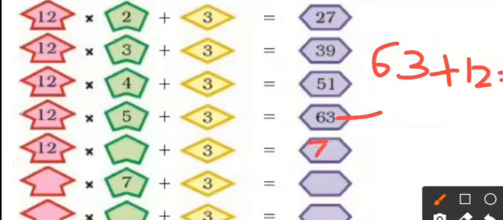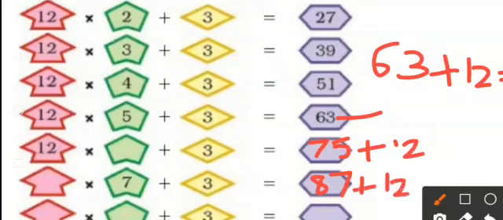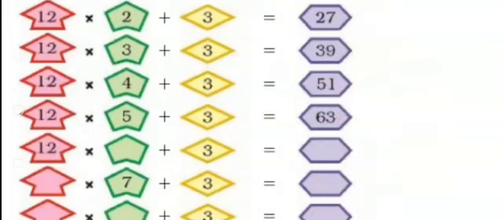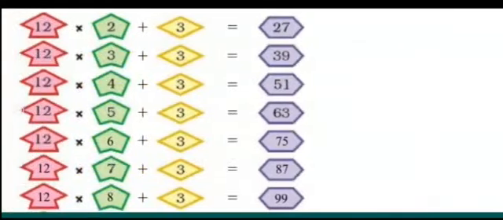In the same way we have to add 12 at each step to get the next answer. 75 plus 12, we will get 87. 87 plus 12, we will get 99. Like this you have to complete this pattern. It will be like this. This is the answer of this pattern.